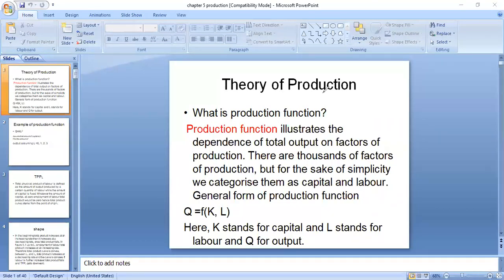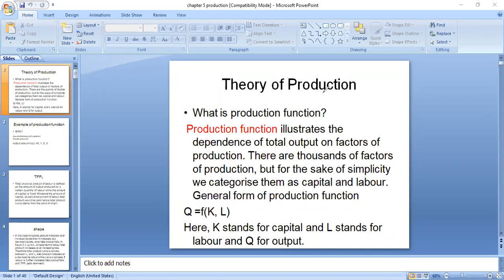Capital means capital machineries, capital building, raw materials, everything under capital. And you need labor to produce some product. So not only capital, that you can produce the product. So all the factors of production we categorize into two: one is capital, another is labor.